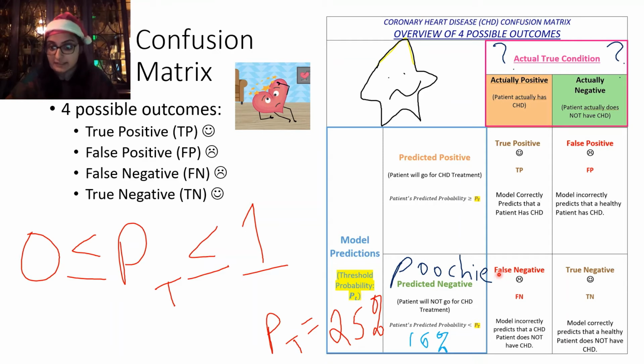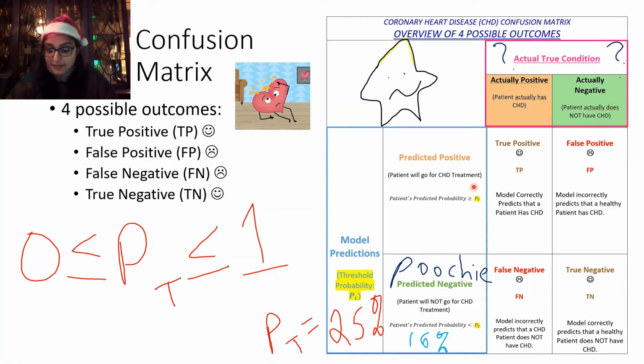So the false negative would be the worst case for Pucci, who's predicted negative here. Based on the machine learning model and the doctor's threshold probability of 25%, the model said 16% risk of coronary heart disease. If the patient's predicted probability is less than the threshold, the doctor predicts negative.